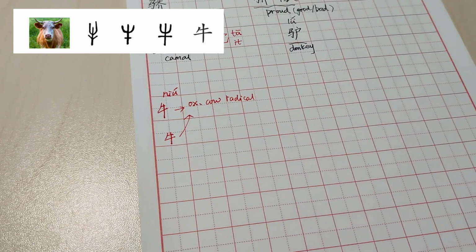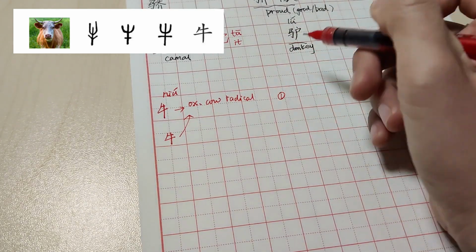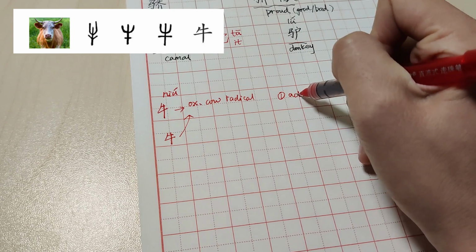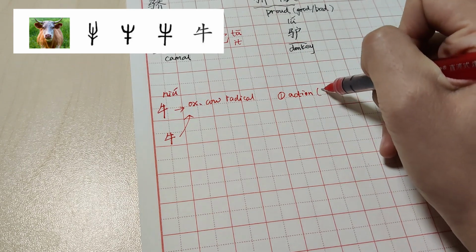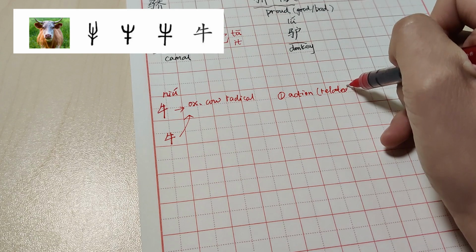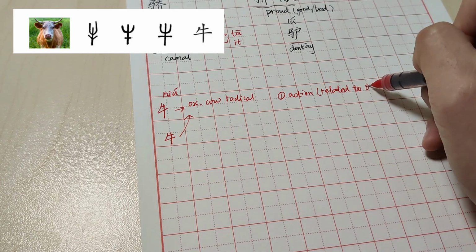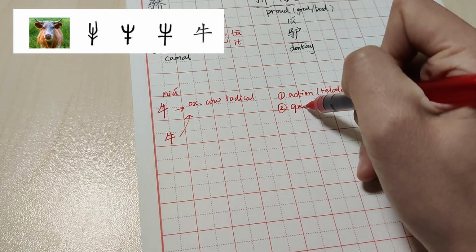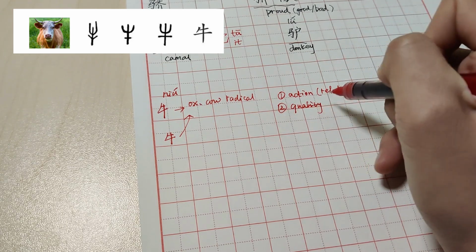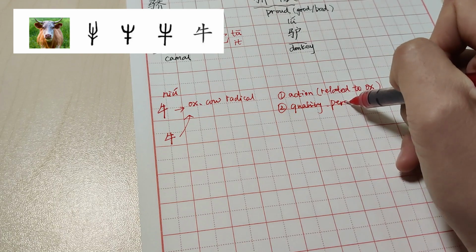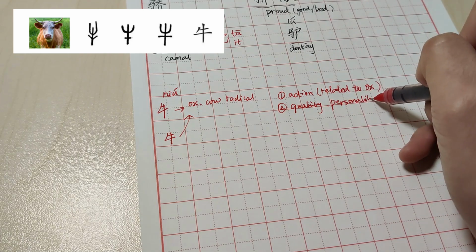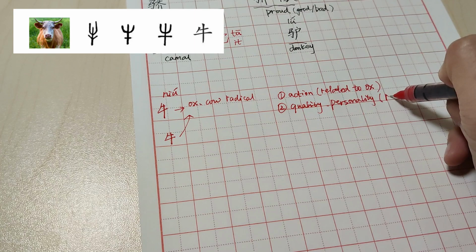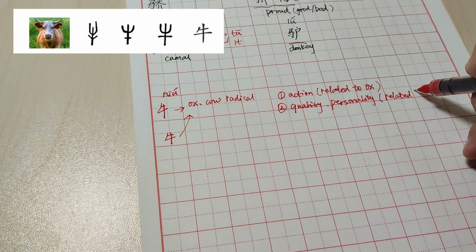Okay, so it could refer to the action that's related to ox. And secondly, it's also related to the quality or personality that's related to ox.